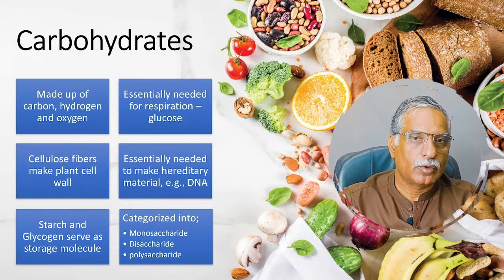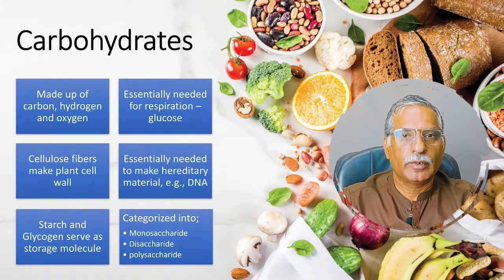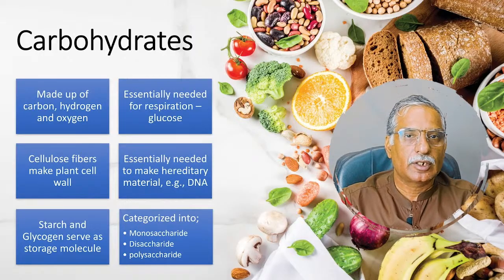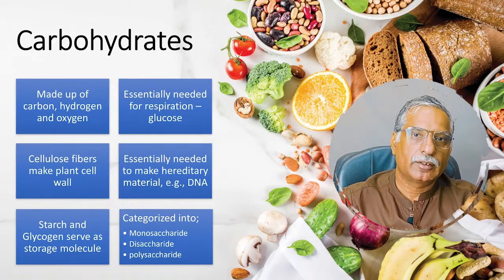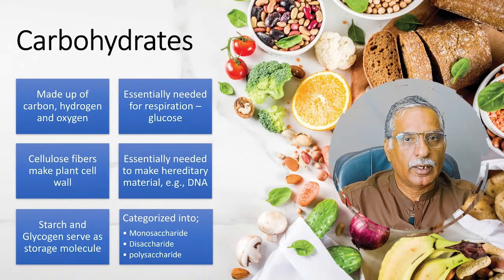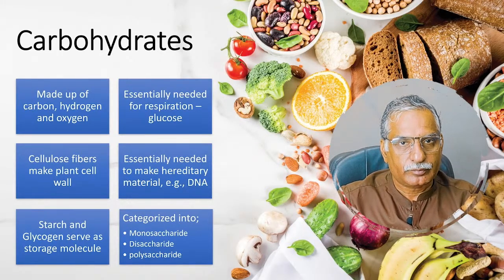Cellulose is also a carbohydrate that is required for making the cell wall in plant cells. And similarly, starch and glycogen are the large carbohydrates that are stored within the cells as reserves for glucose.